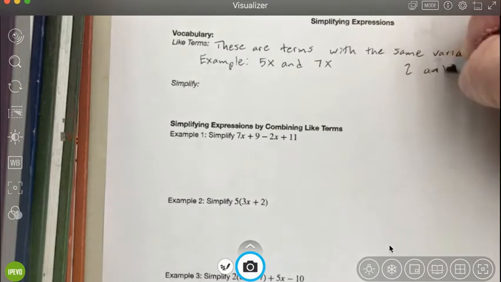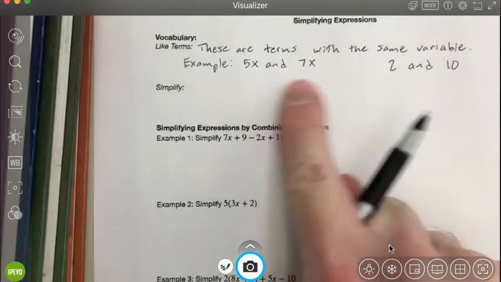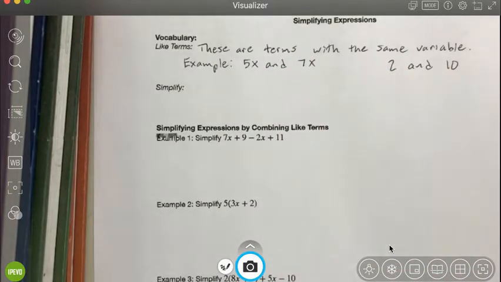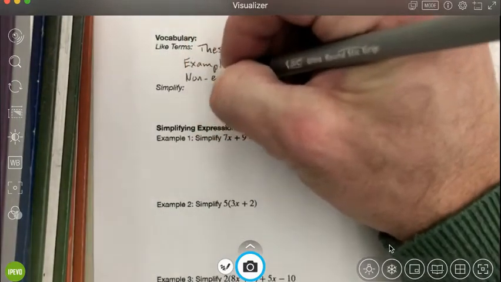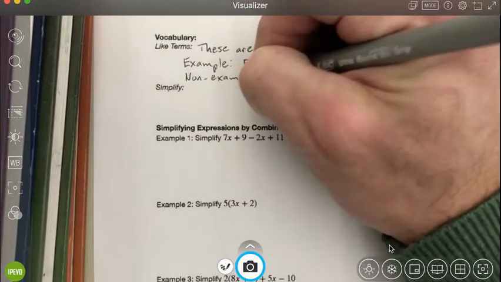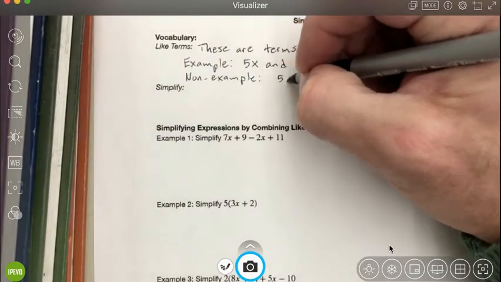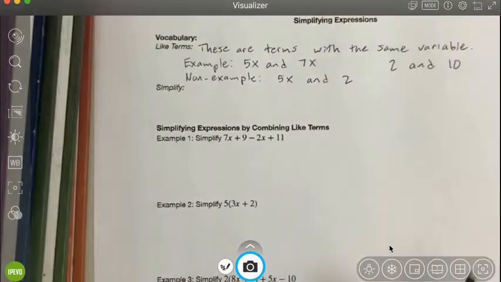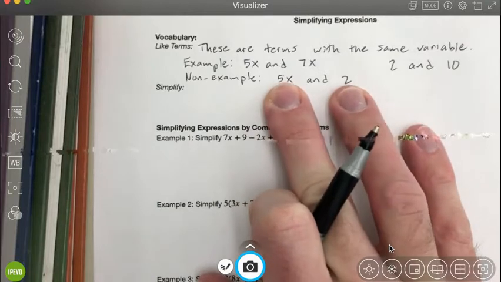If I did 2 and 10, these are like terms. Notice how these two both have x's. Neither of these have x's. So if I gave you a non-example, 5x and 2 are not like terms because this one has an x and this one doesn't.